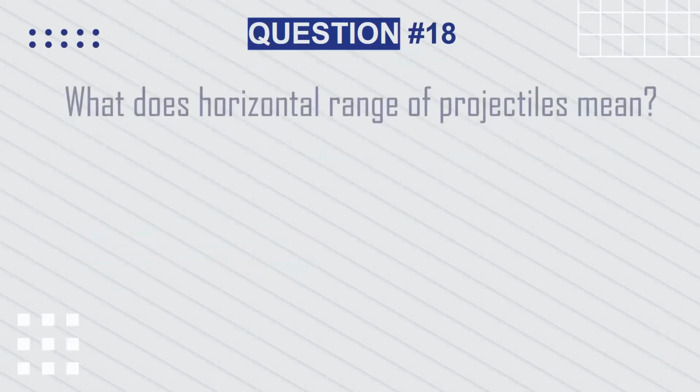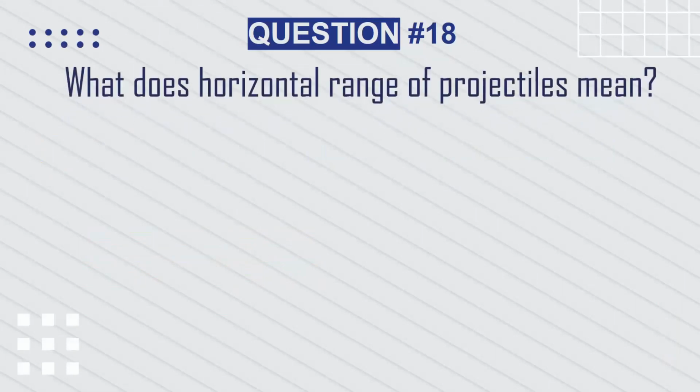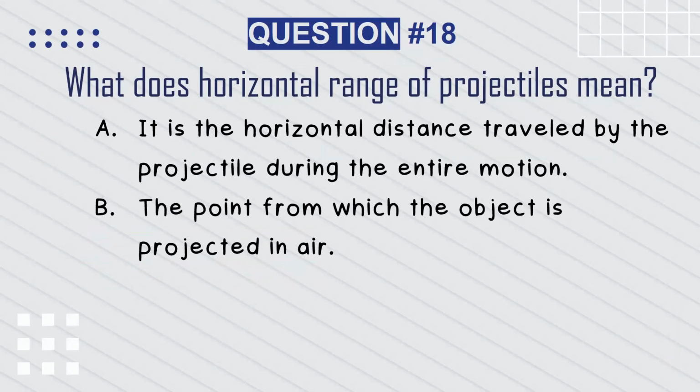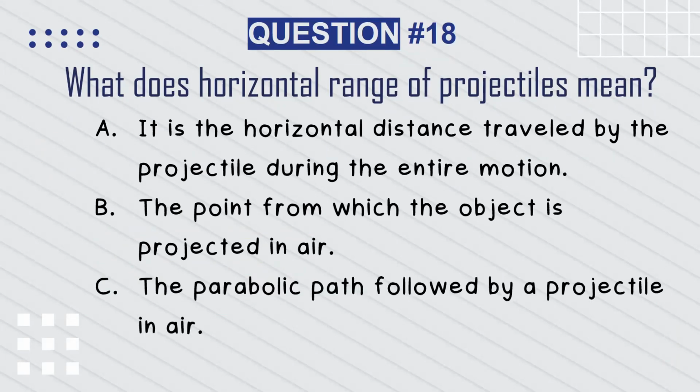What does horizontal range of projectiles mean? Is it A, it is the horizontal distance traveled by the projectile during the entire motion? B, the point from which the object is projected in air? C, the parabolic path followed by a projectile in air?